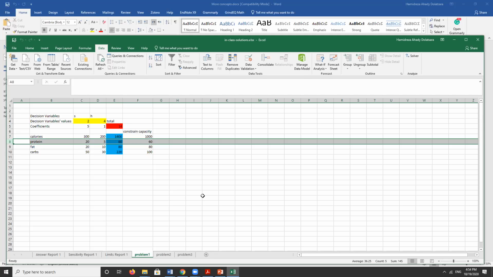It is a binding constraint. What about calories? Is it binding or not binding? It's not binding because left and right sides are not equal.